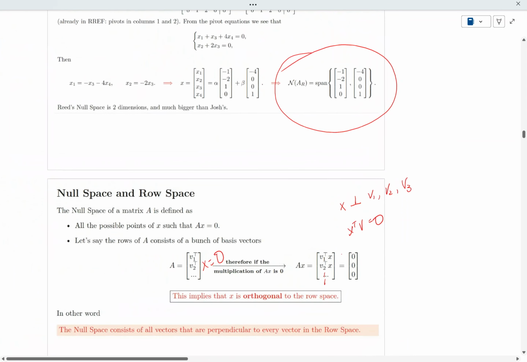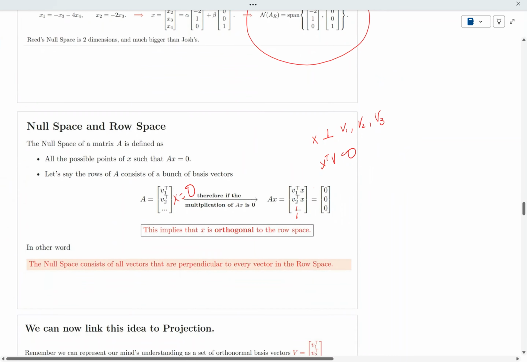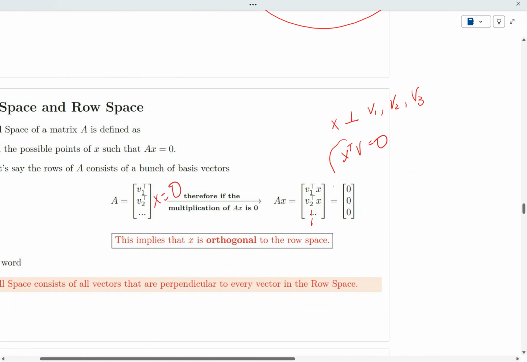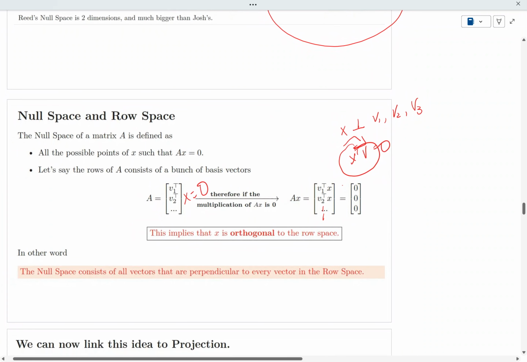So another interpretation of null space is that you're essentially getting nothing when you're projecting x down to v. This is interesting, because if we connect this idea to projection, which we were previously using as a way to understand span, right?